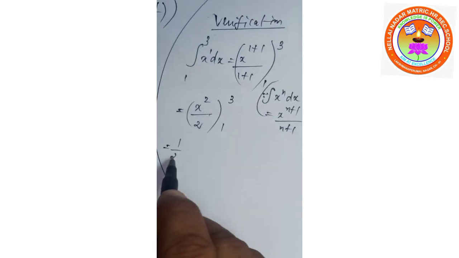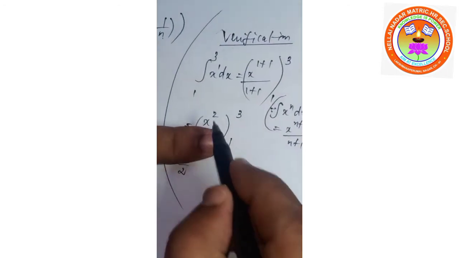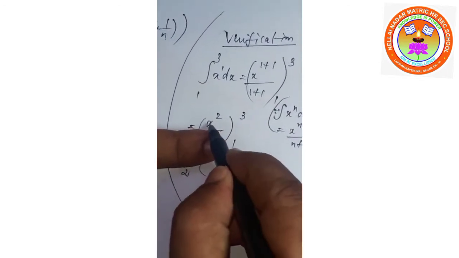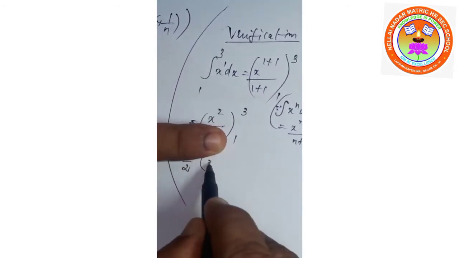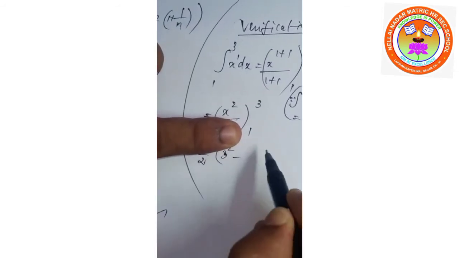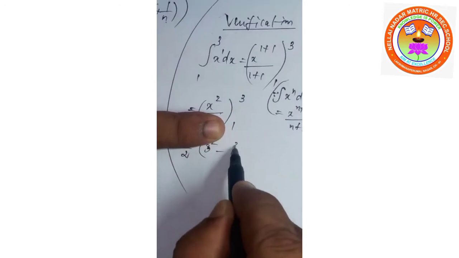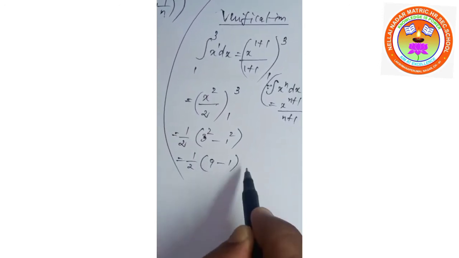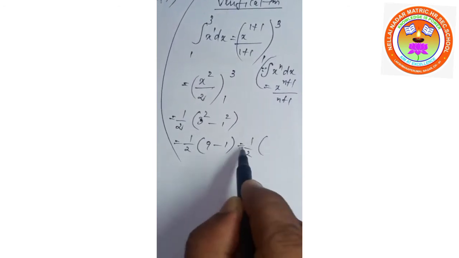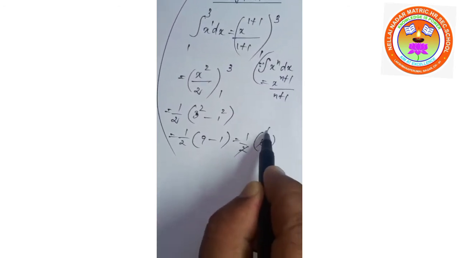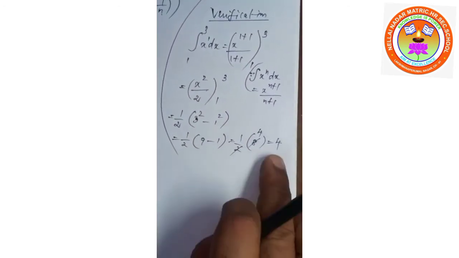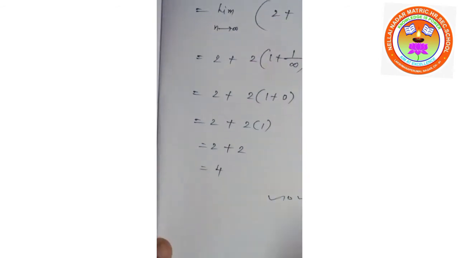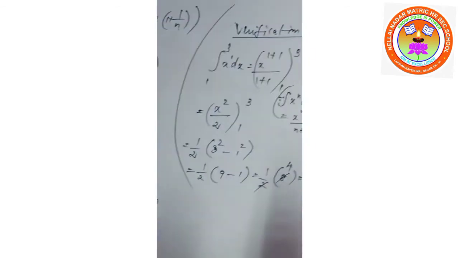Write 1 by 2 first, so we have only x square. Apply the upper limit 3 square minus lower limit 1 square. That is 1 by 2 into, 3 square is 9, 1 square is 1, so 1 by 2 into 9 minus 1 equals 8. 2 cancels, 4 ones are 4. Look at the answer: same answer only. This is only the verification part.